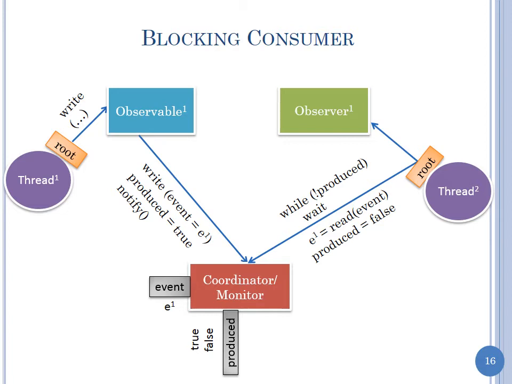We say produced equals false. It will become true when the next event is created. If produced is going to become true someplace, it's going to become false someplace too. So we make it false here, and we call notify. And if we now come back to our loop before another event has been produced, produced will be false, and we will block. So that's the exact kind of code I was looking for.